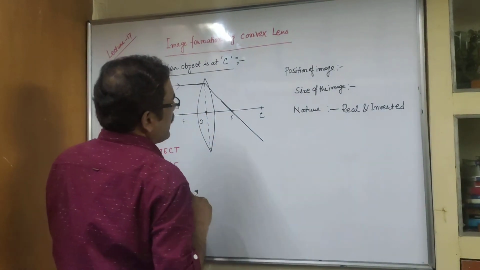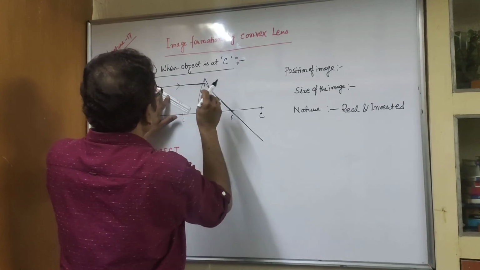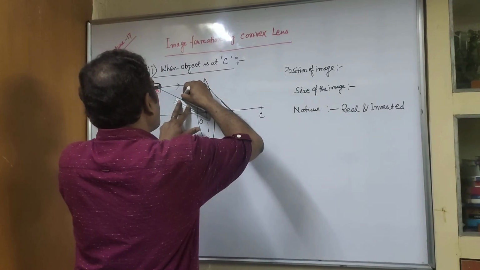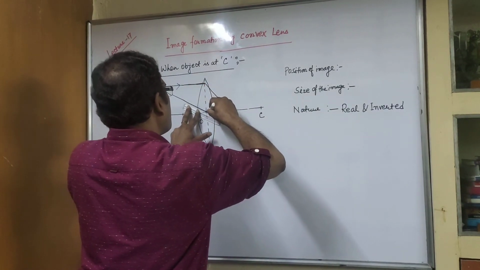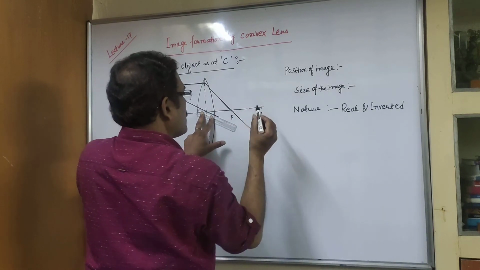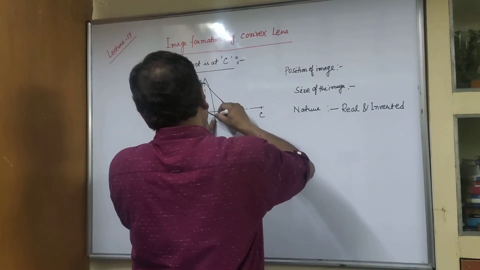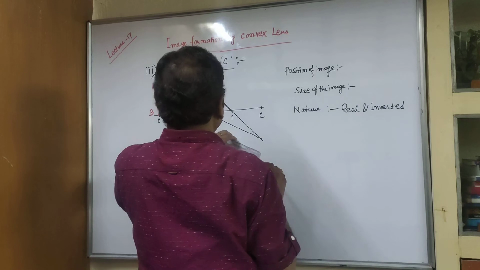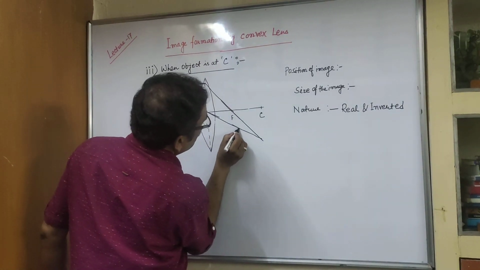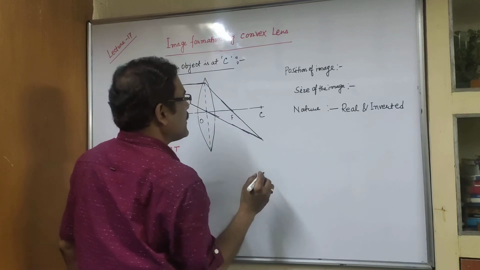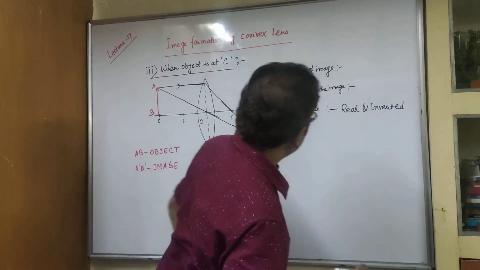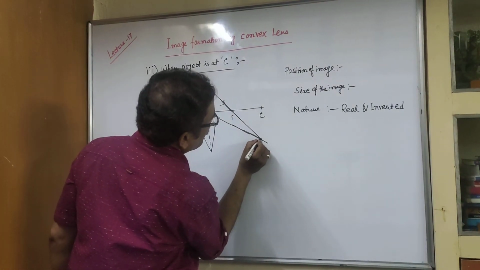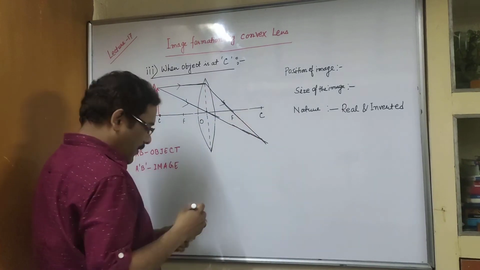Now take another ray through the optical center of the lens. So in this way, if you take another ray through the optical center of the lens, you will see that two refracted rays are meeting somewhere here. So the image will be formed at this point.